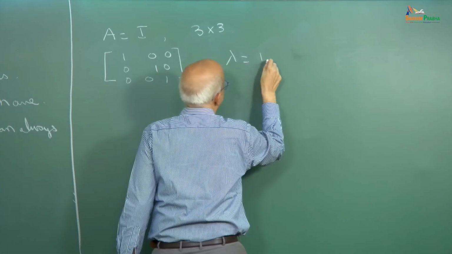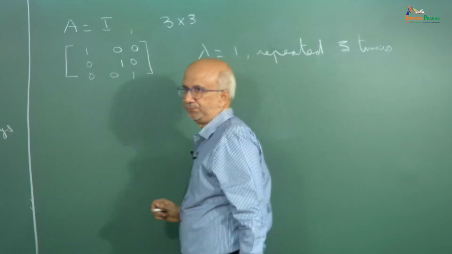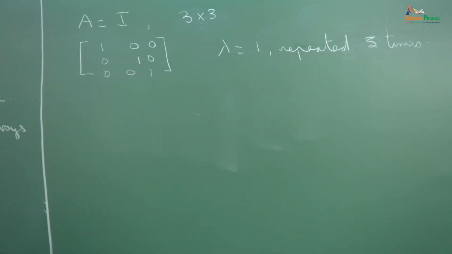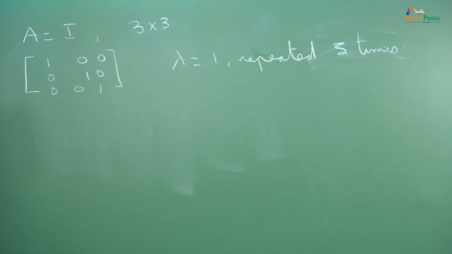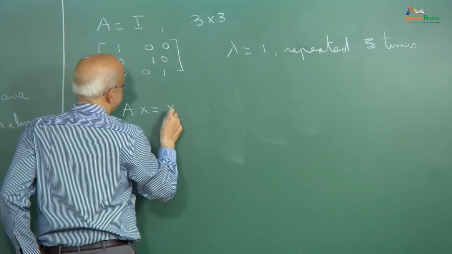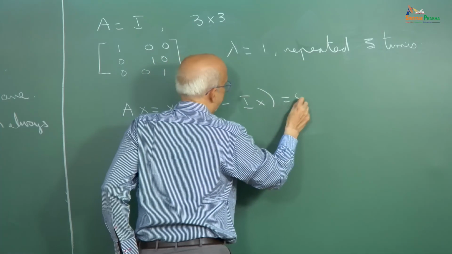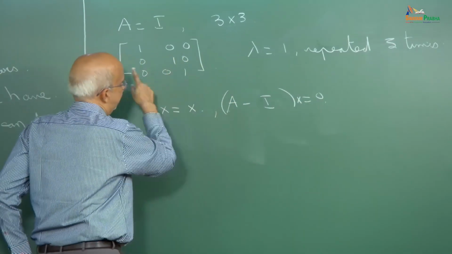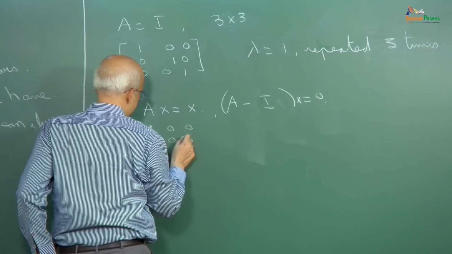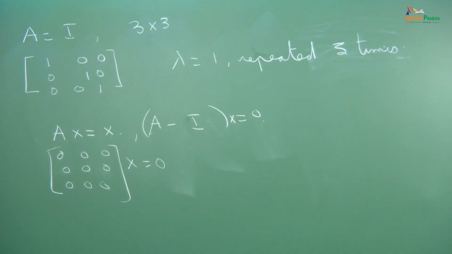Now lambda is 1 repeated 3 times, and if I want to find the eigenvectors, Ax equals x, because that's lambda x, or A minus I times x equals 0, which is basically, if I subtract 1 from all of this, I get 0, 0, 0. So now you can choose vectors, right?